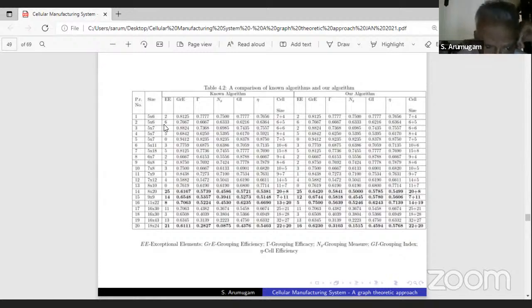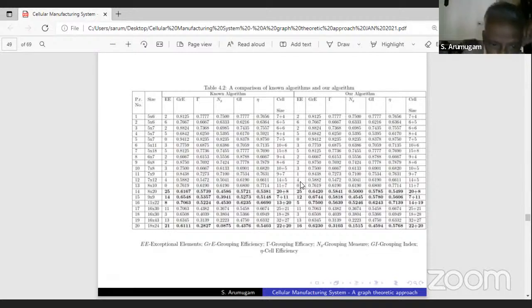I found that for the first 13 examples, my solution coincides with the known solution. Compare the E row here and the E row here, and you will see that they're exactly the same. So my algorithm doesn't give a bad answer. It is giving at least as good as the known algorithm.